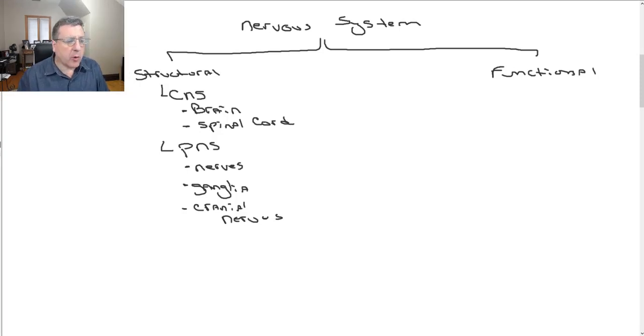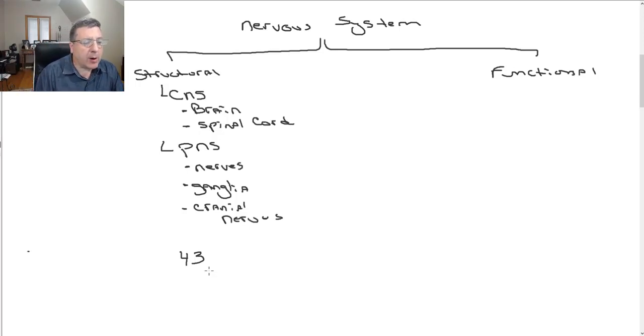Before I go forward, let's talk about how many of the different types of cranial nerves and spinal nerves that we have. When I talked about nerves, in this case, there's 43 nerves on each side of the body, left and right. Those are your primary nerves coming off of the spine or your brain.